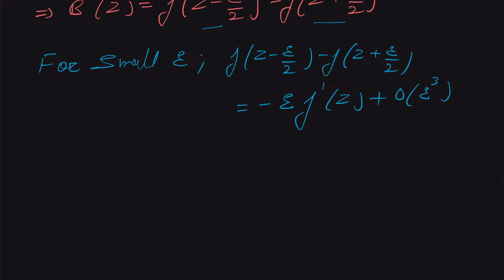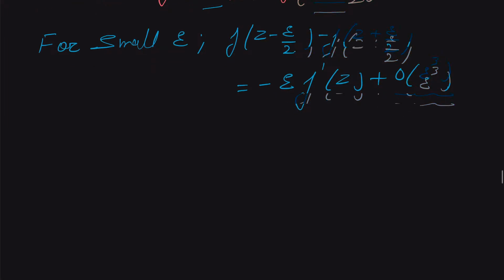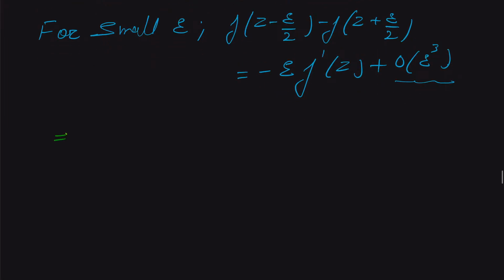And we can just ignore this part. Therefore, the magnetic field at z will be approximately equal to minus epsilon f prime z.